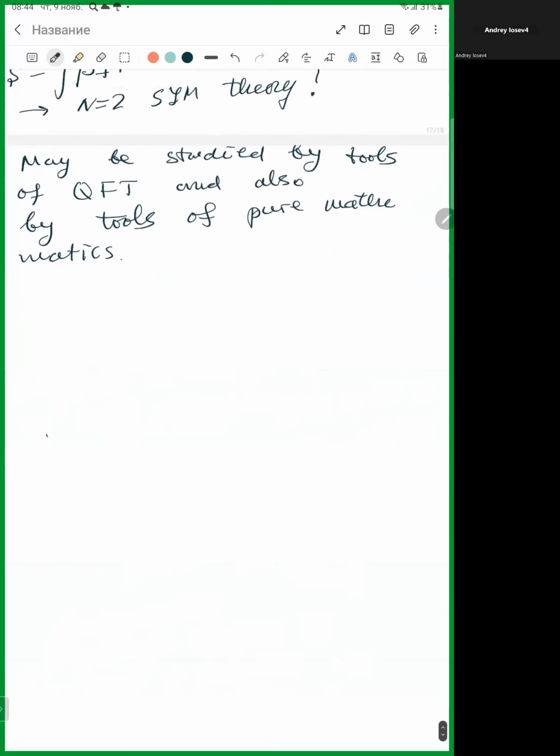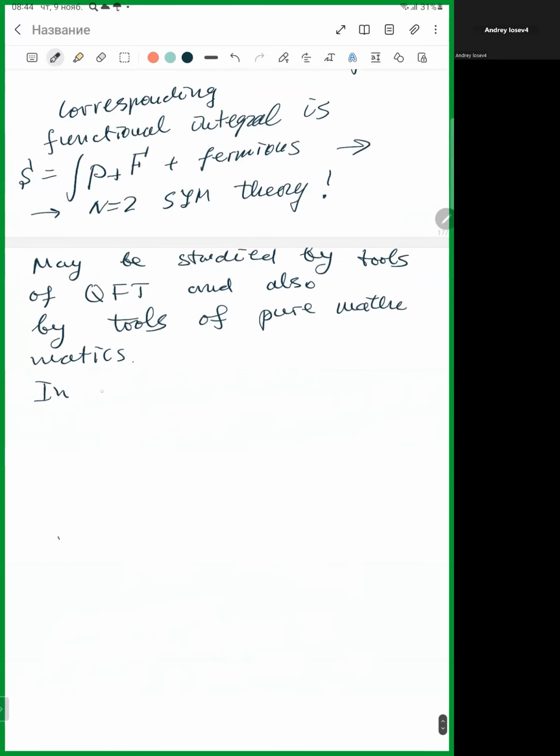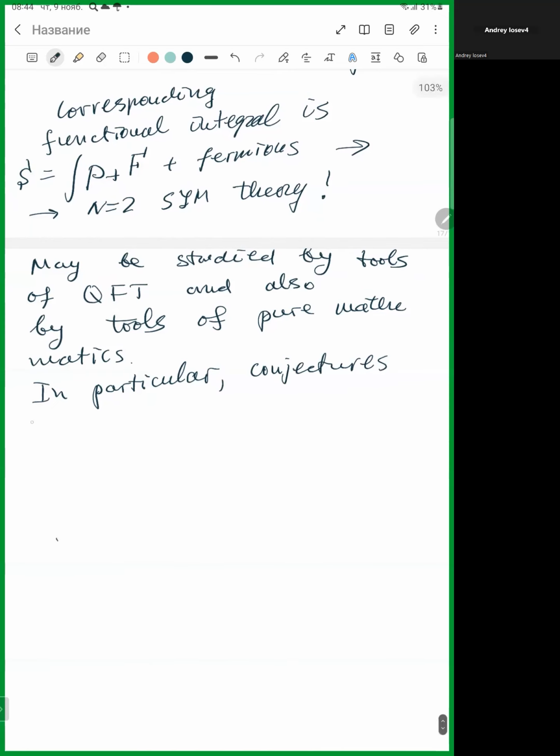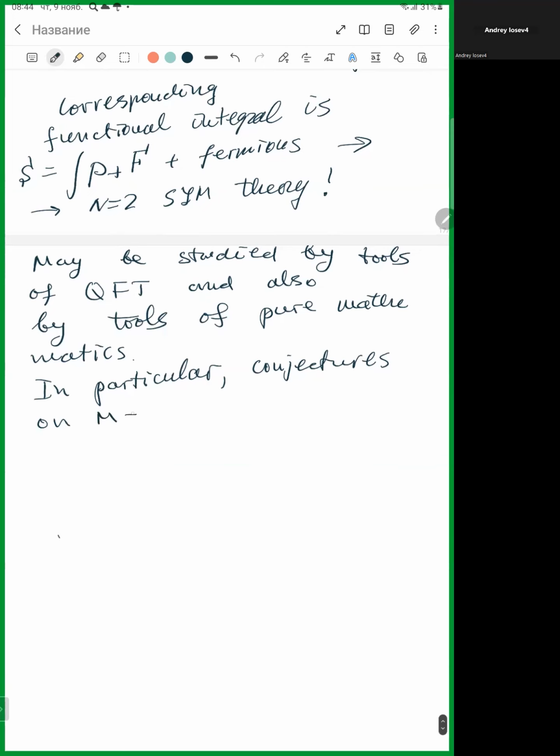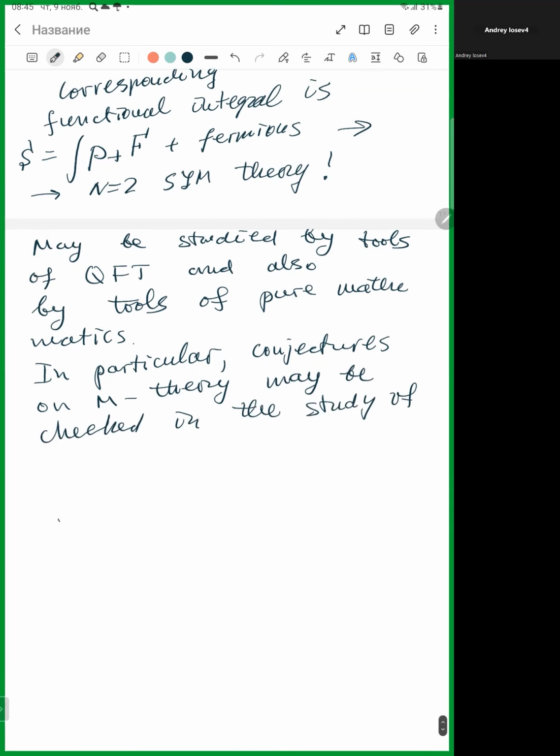In particular, conjecture on M theory may be checked in the study of this theory.